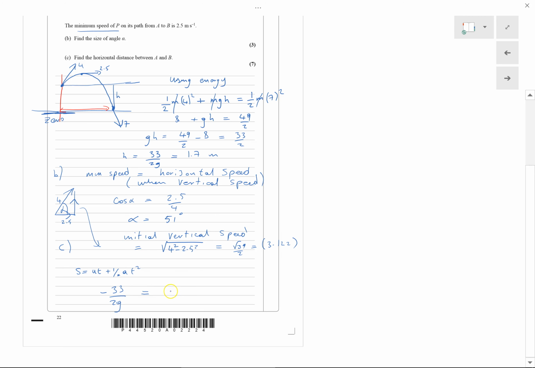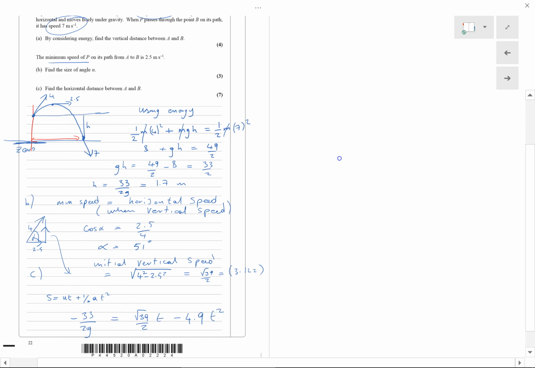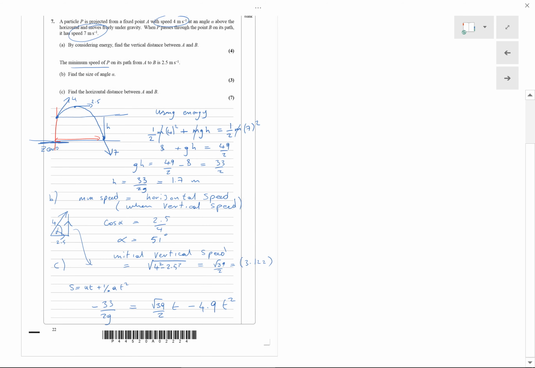So u is the square root of 39 over 2 times t, minus 4.9 t squared. Okay, so putting that into working that out and tidying it up, I get 4.9 t squared minus the square root of 39 over 2 t minus 33 over 2g equals 0.